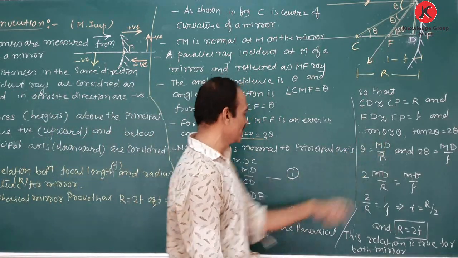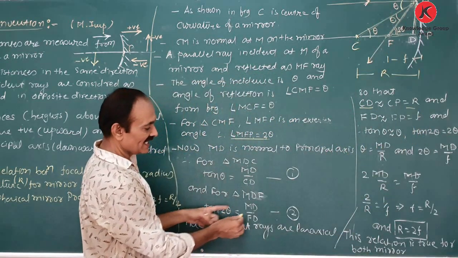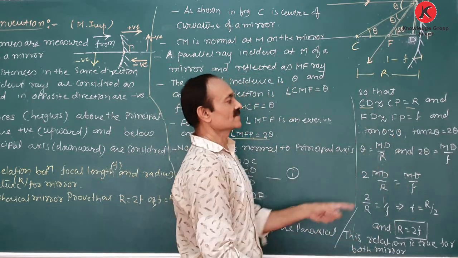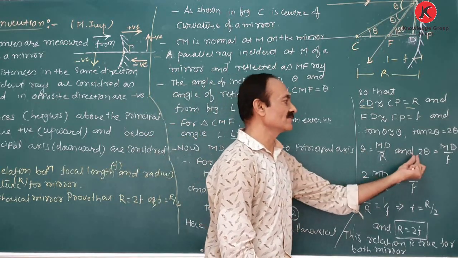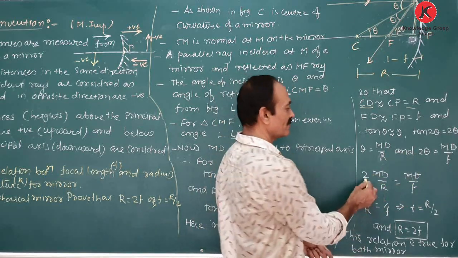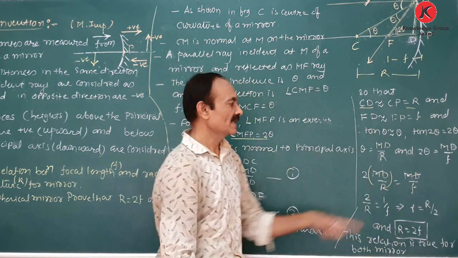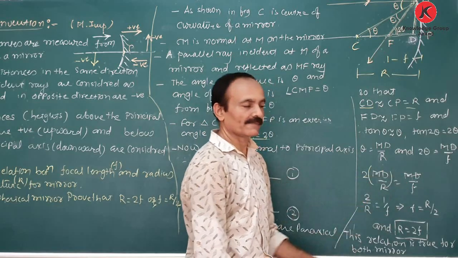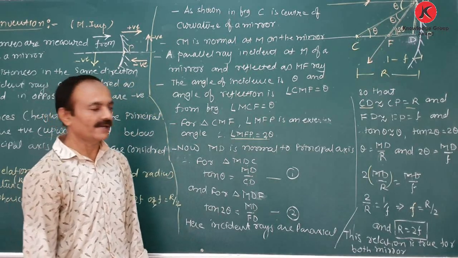Therefore, theta is equal to MD upon R, and 2 theta is equal to MD upon f. Substituting the value of theta, 2 into MD upon R is equal to MD upon f. MD cancels out. Therefore, 2 upon R is equal to 1 upon f. Taking the reciprocal, f is equal to R by 2.